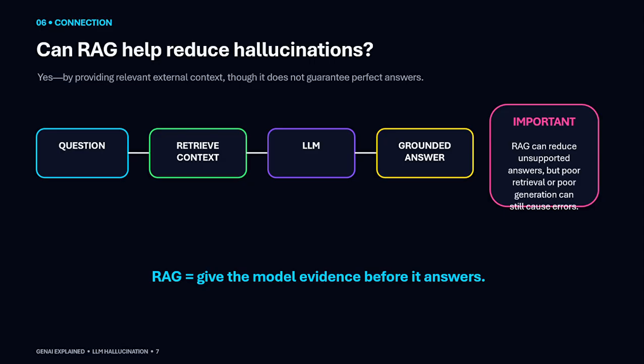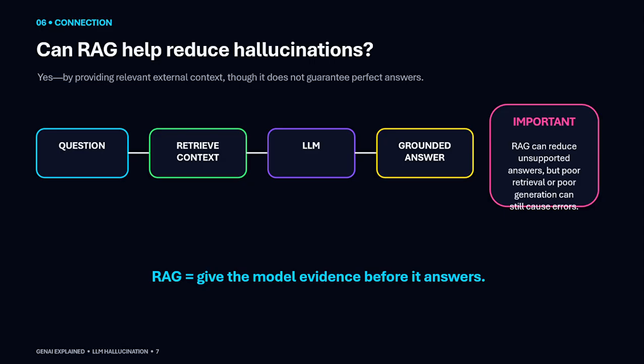So, can RAG help reduce hallucination? Certainly, yes. Instead of asking the LLM to answer only from what it learned during training, RAG first retrieves the relevant information from an external knowledge source. Then the information is provided to the LLM as context.